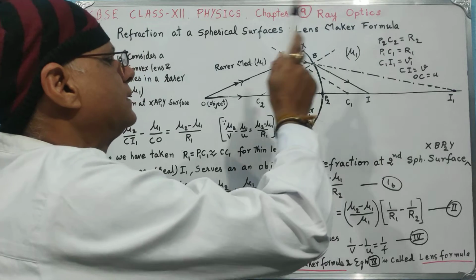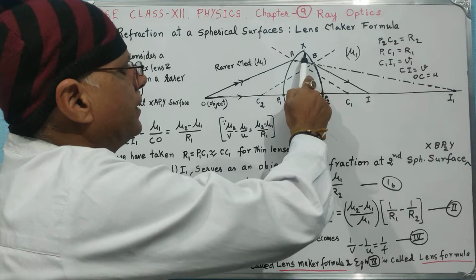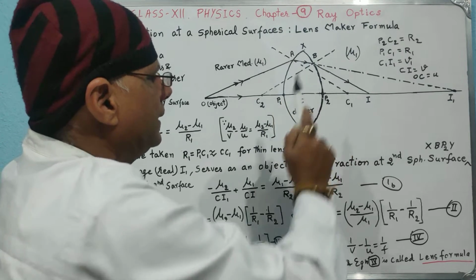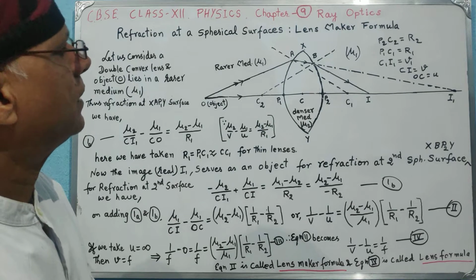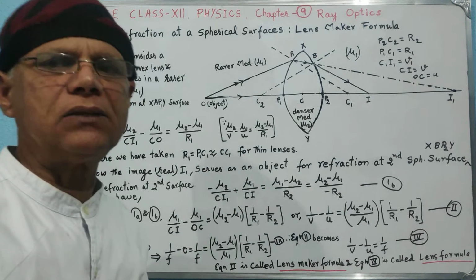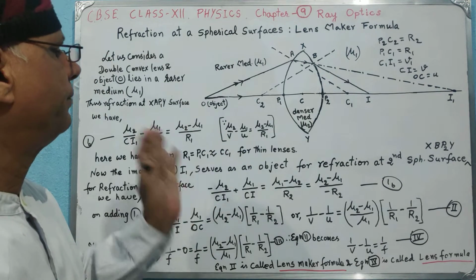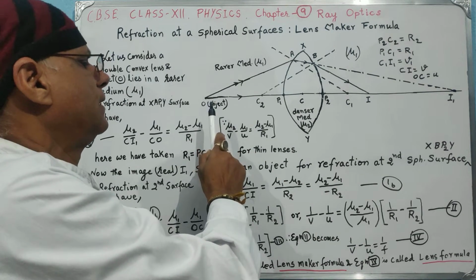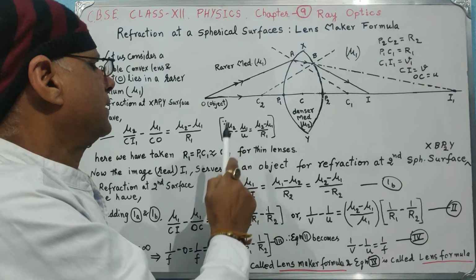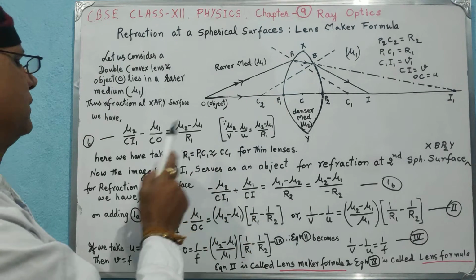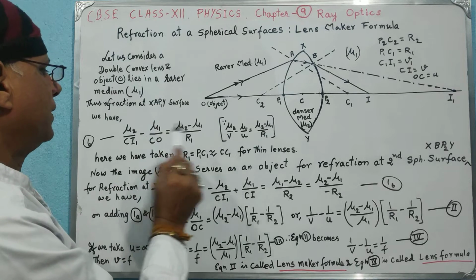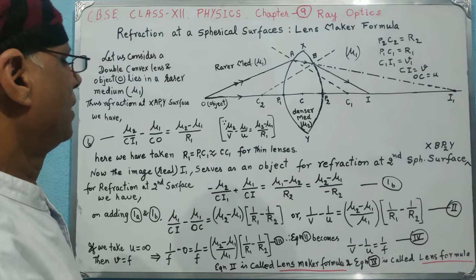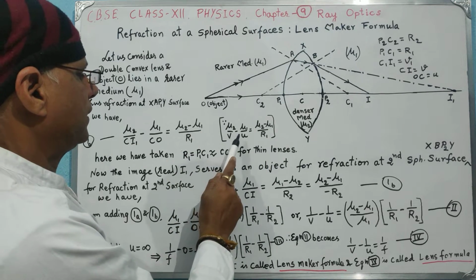This I1 serves as an object for refraction at the second surface XBP2Y, and the final image is formed at point I. Now, given this background, we are borrowing the formula which we derived in the previous lecture, that whenever the object lies in a rarer medium, the refraction formula is given by mu2 by v minus mu1 by u equal to (mu2 minus mu1) by R1, where v is the image distance and u is the object distance.